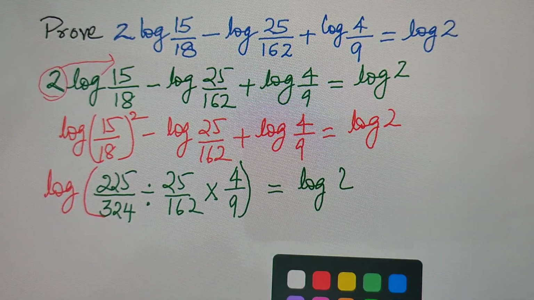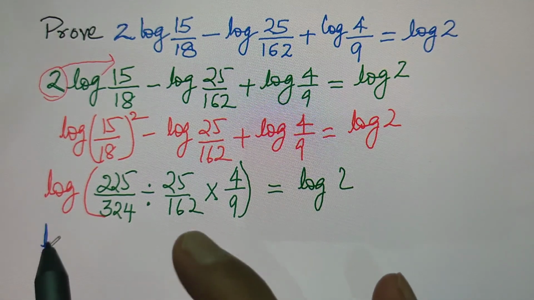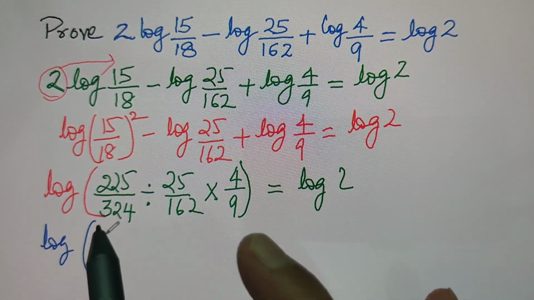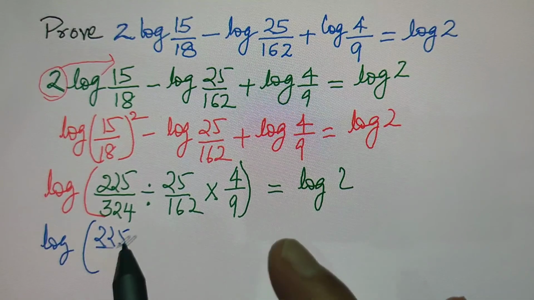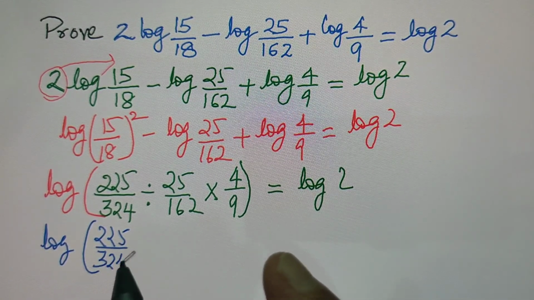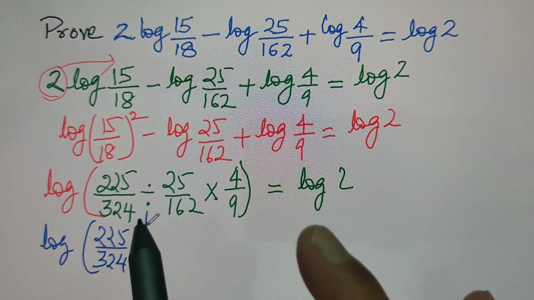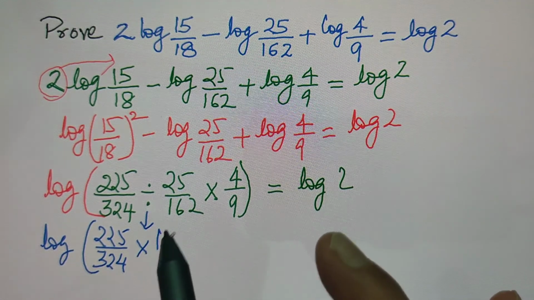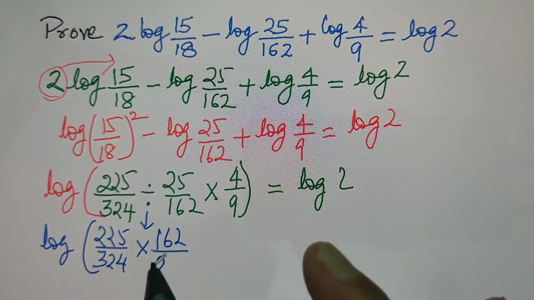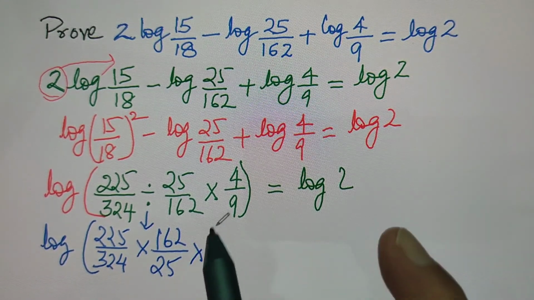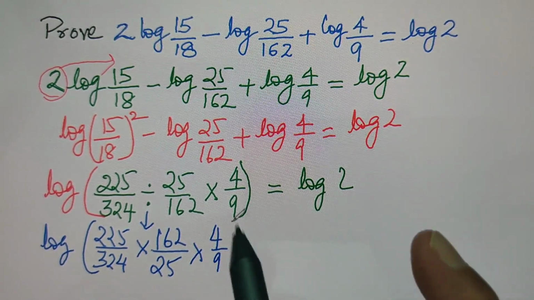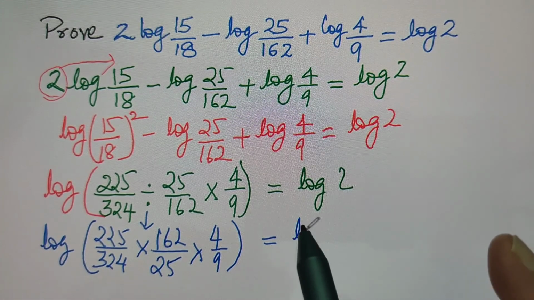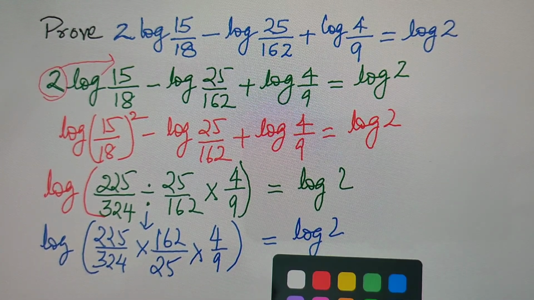Fine. Now we'll solve it further. 225 upon 324. Now we'll change the sign. This divide will change to multiplication, 162 upon 25 into 4 upon 9, which has to be proved equal to log 2.